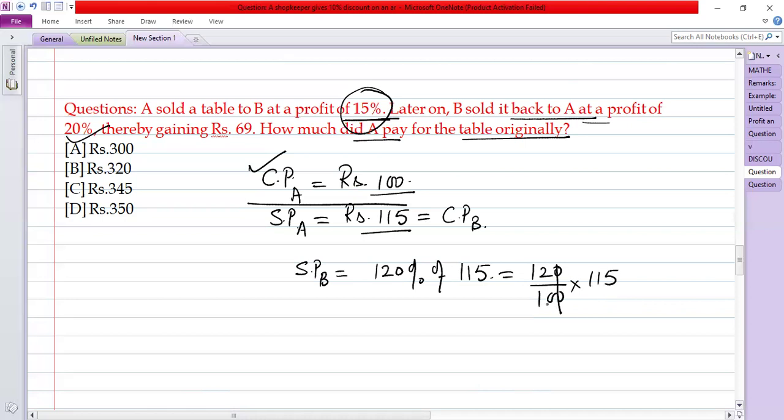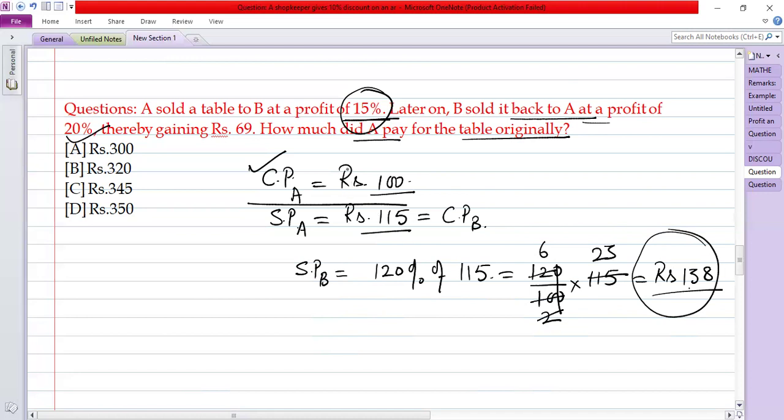This we can solve. So here 5, 2 and 5, 23. Here it will be 2 and here it will be 6. So it will be 138. Means B has sold back to A at what amount? Rupees 138.